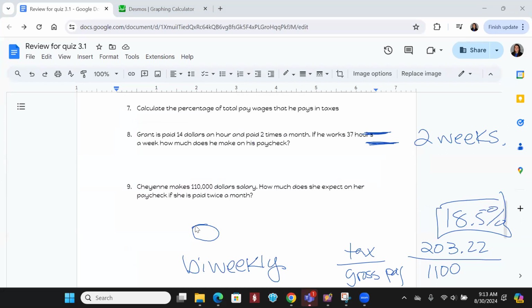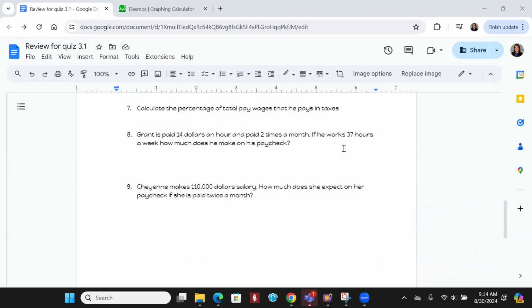All right. Grant is paid $14 an hour and paid 2 times a month. If he works 37 hours a week, how much does he make on his paycheck? So we take how much he makes, his rate, and multiply it times how many hours he does. Then we multiply it times 2, because it's paid 2 times a month.